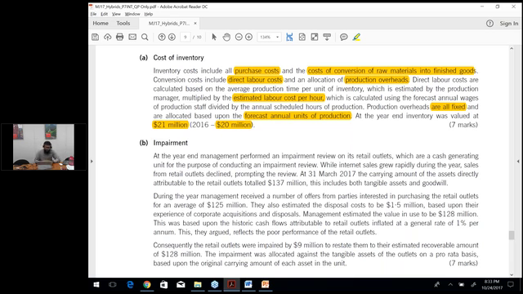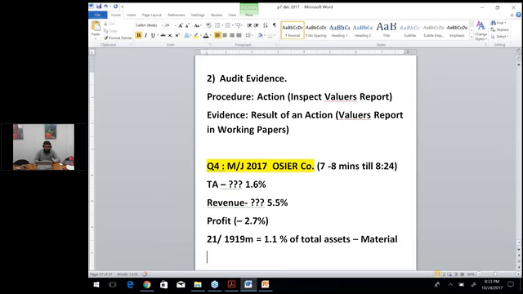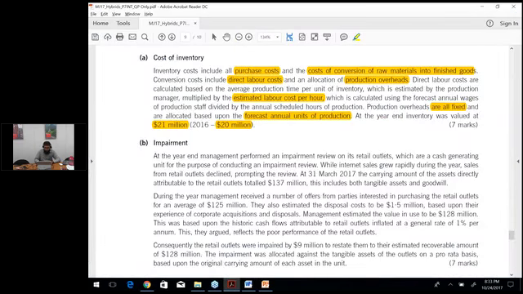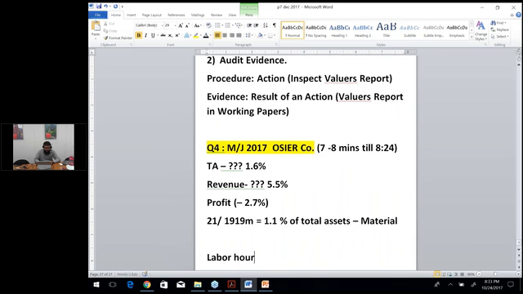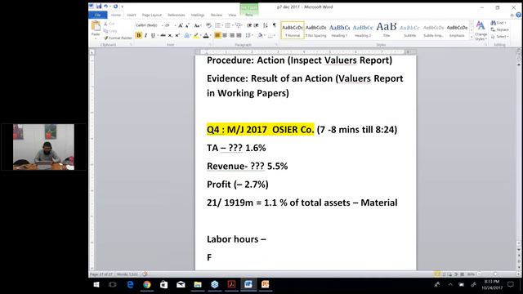Now there is one thing which is very important, that the labor hours should have been based on actual cost per hour rather than estimates, and at the same time the fixed overheads are also being absorbed using absorption costing.